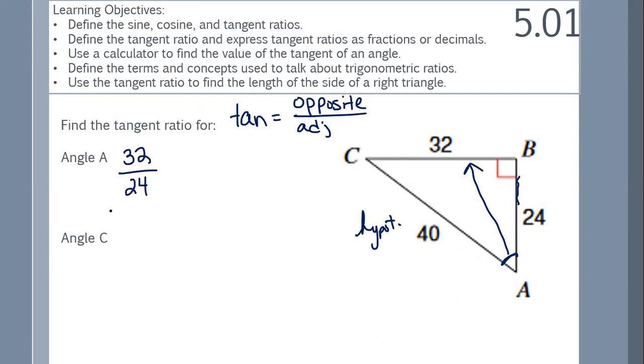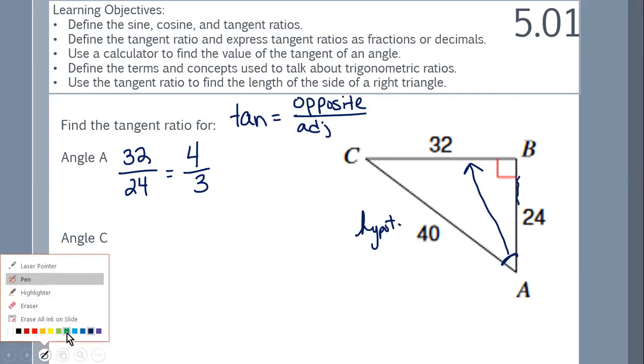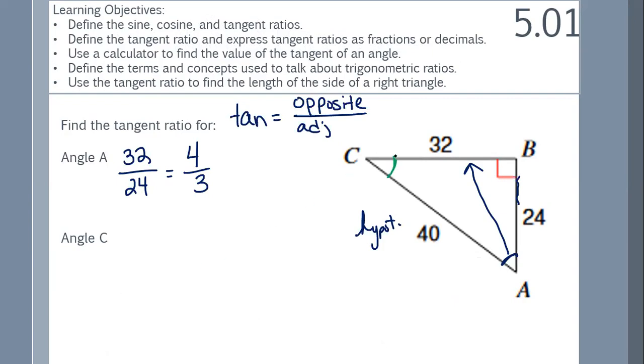And again, we're mathematicians, so we like to simplify things. So 32 and 24 are both divisible by 8. So 4 over 3. All right, so if I'm looking at angle C, the opposite of him is now the 24. And his adjacent leg is the 32.